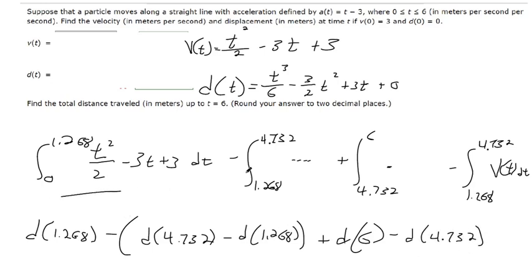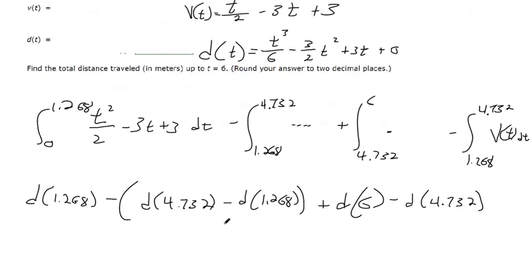Either way, doing this, where this is v of t, you get 4 separate integrals; the antiderivative is going to be the same, or this way should be fine too.